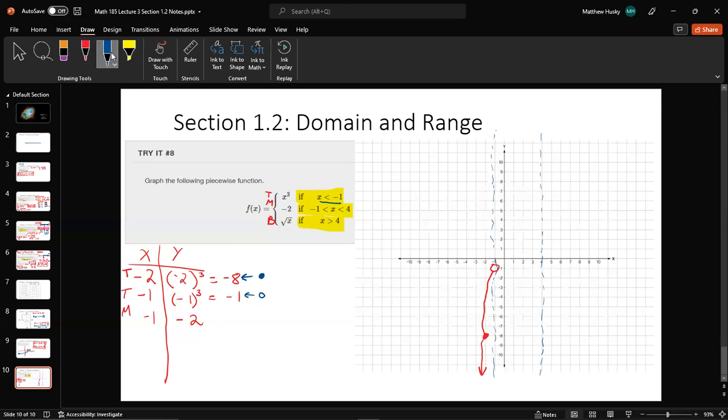Now for the middle part, it doesn't equal -1 either, so this is also going to be an open circle. At -1, we're going to be at the value -2. For the middle section, it's going to be flat. It's always going to be at -2, and it's going to keep going until it gets to 4.